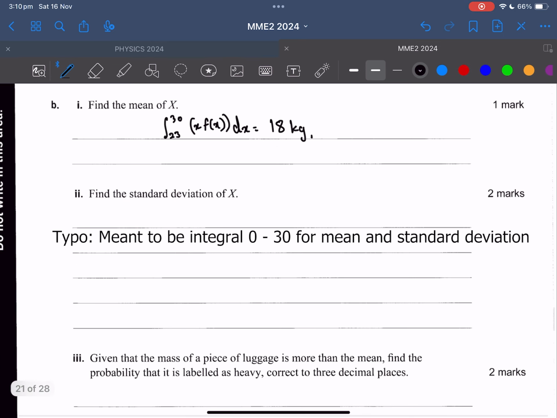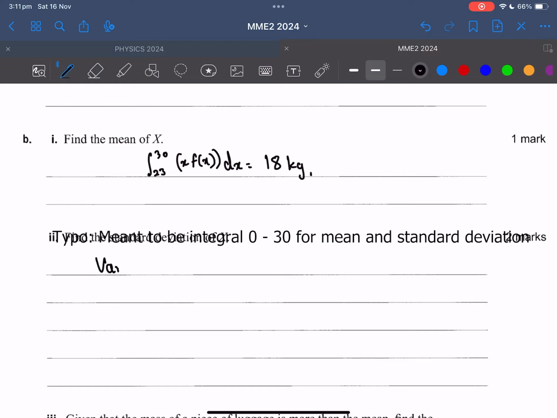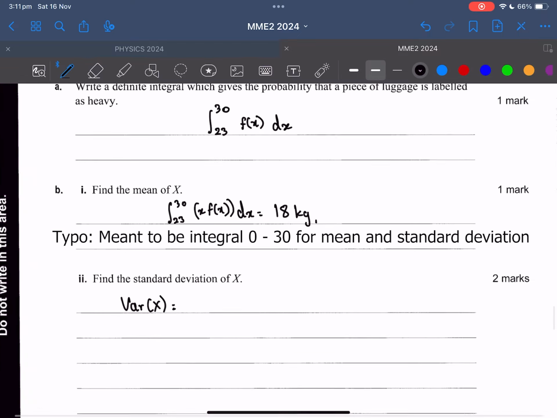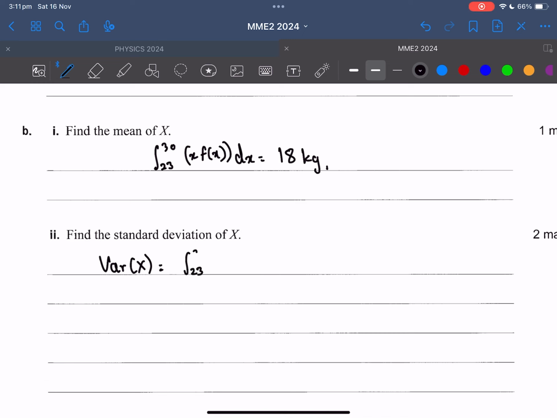Find the standard deviation of X. Okay, so for that, we have to first find the variance, and then we have to square root that. So our variance is going to be given by the integral of x squared times f of x dx, take away the mean, which is 18 squared.